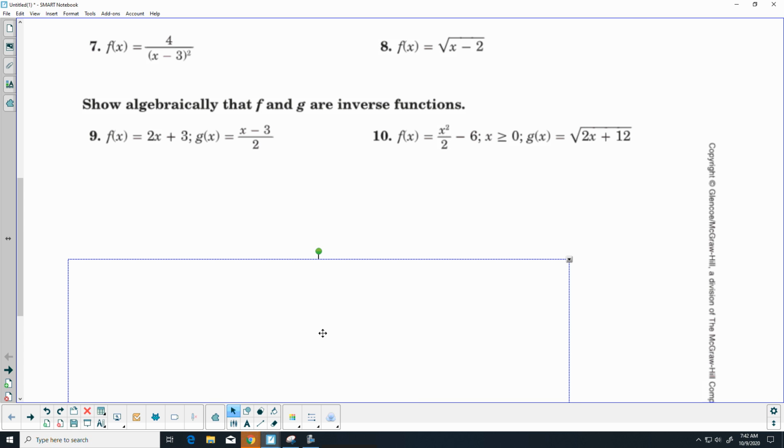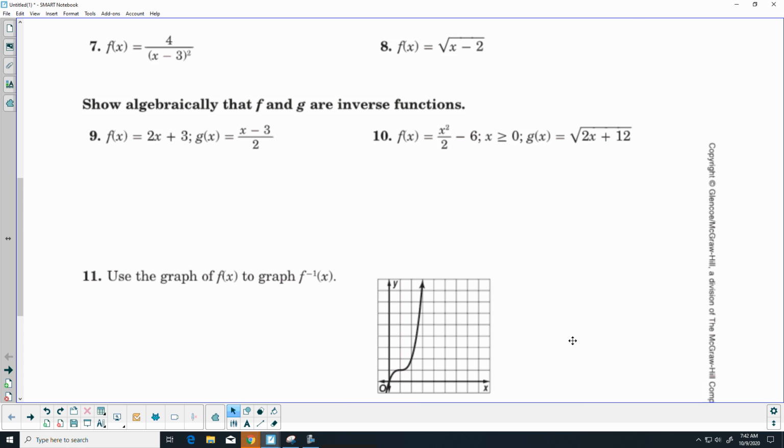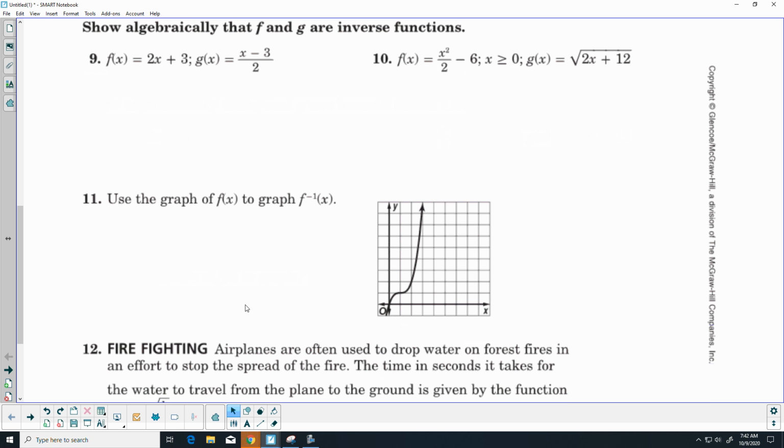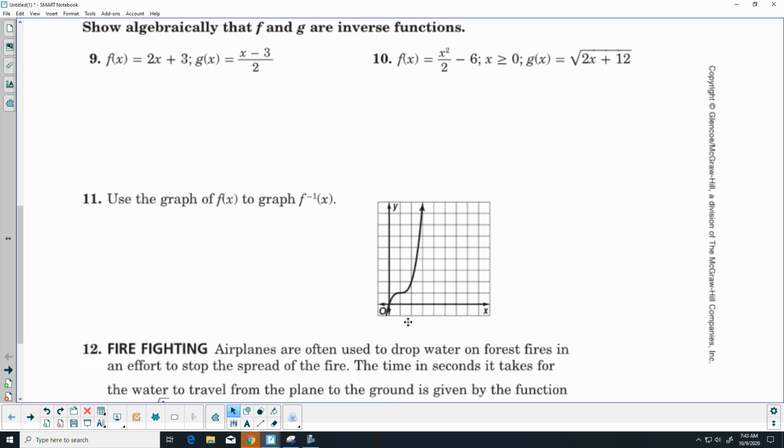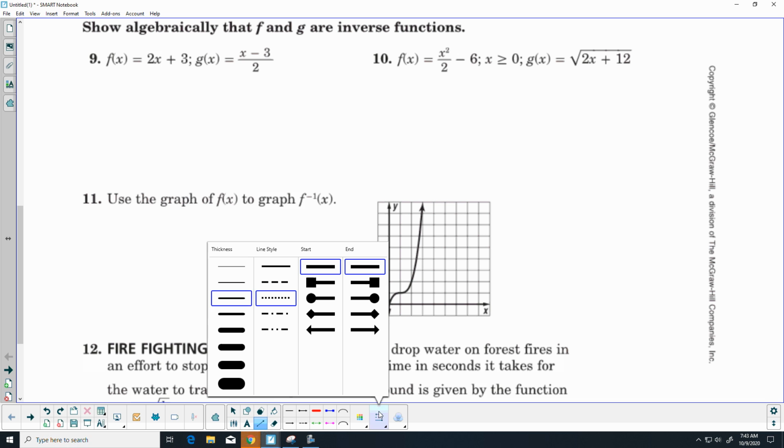All right, on here, we have to use the graph of f of x to graph the inverse. Remember, if something is an inverse, it's going to be a reflection over the line y equals x. Let's go ahead and draw that in.